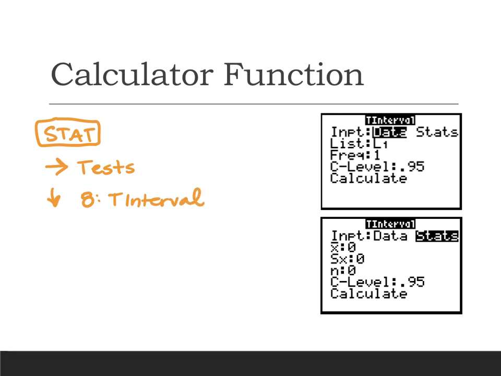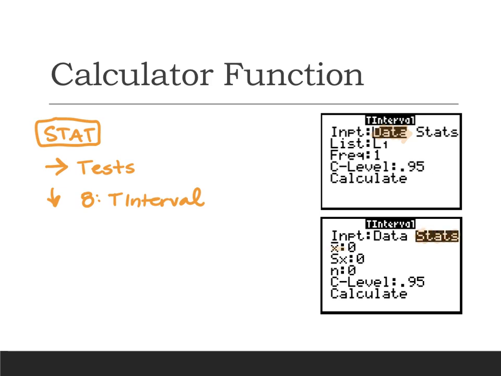And so t-interval gives you 2 options. You'll have an option for data, in which case, just like we had in our list earlier, you'll actually put data into a list and then use that to calculate the confidence interval. Or we may be given statistics.